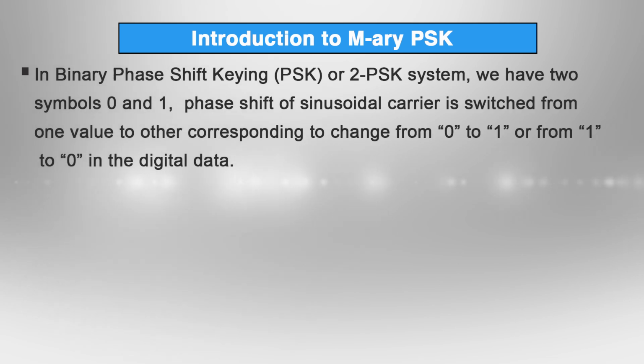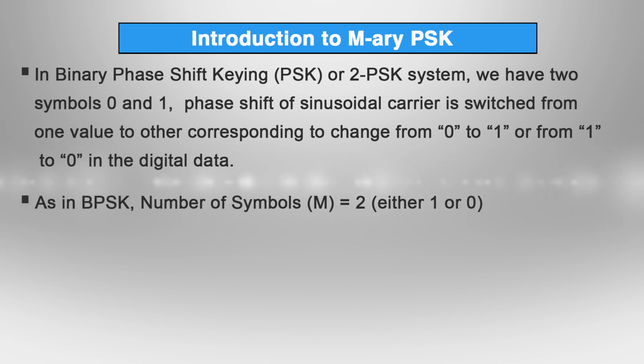In binary phase shift keying, that is BPSK or 2PSK system, we have two symbols, either 1 or 0, and the phase of the sinusoidal carrier is switched from one value to the other corresponding to a change from 0 to 1 or from 1 to 0 in the digital data.